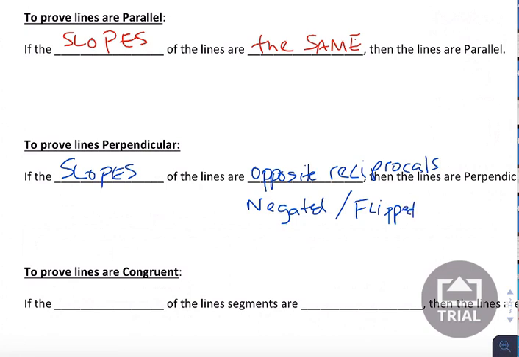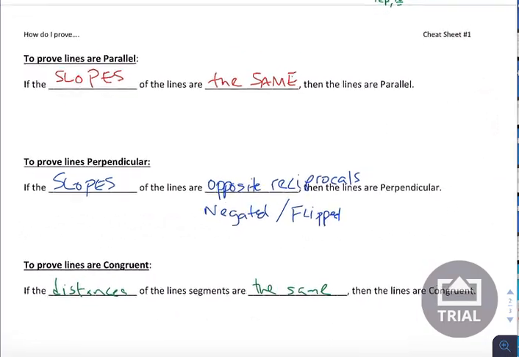And if the distances of the segments are the same, then the segments are congruent, right?